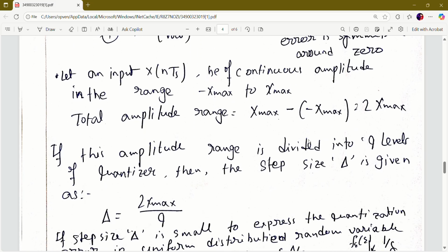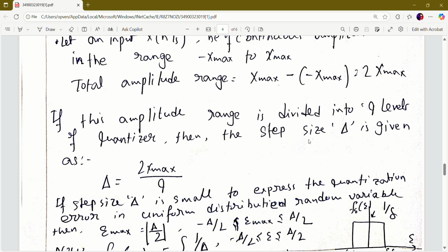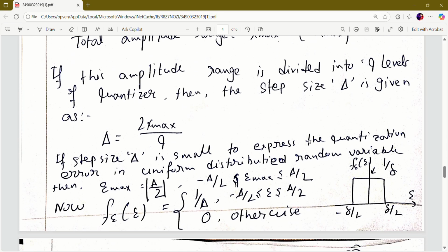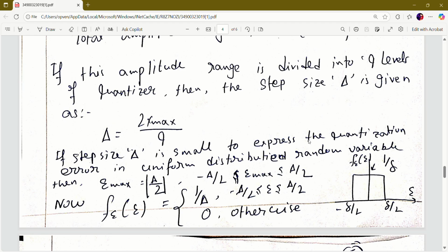Then the amplitude range will be 2 x max. If we divide the amplitude range into q levels of quantization, then the step size delta is given as delta equal to 2 x max by q.